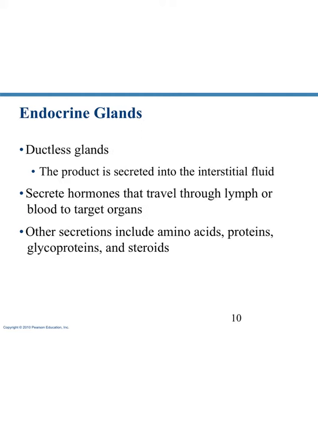So the difference between endocrine and exocrine. An endocrine gland does not have a duct. So what that means is these glands are going to rely heavily on mainly the blood or the lymphatic systems, your cardiovascular system, to basically get the secretion where it needs to go.